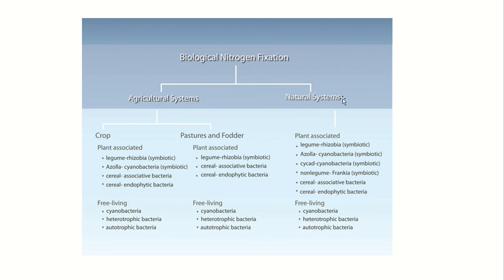Why? Because the plant-associated legume-rhizobium symbiotic association is not possible, because continuous utilization of chemical fertilizer reduces the associated bacteria. Crop-associated bacteria are not present. Therefore, it is not possible.